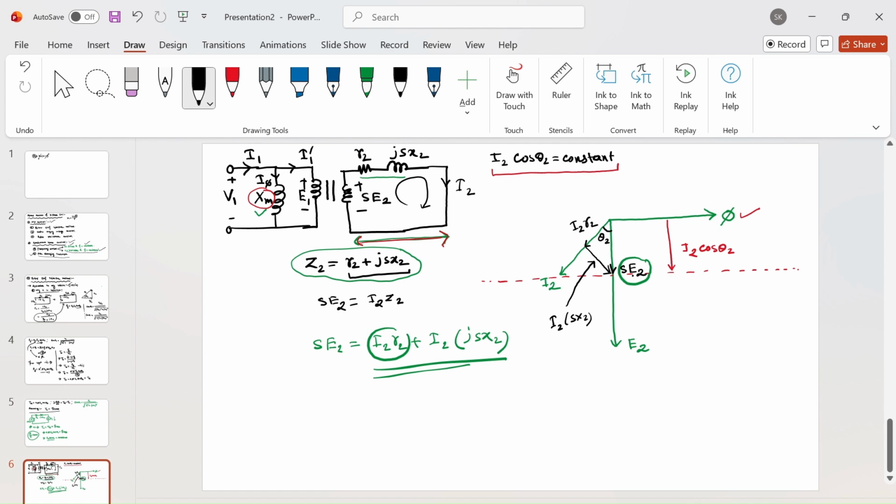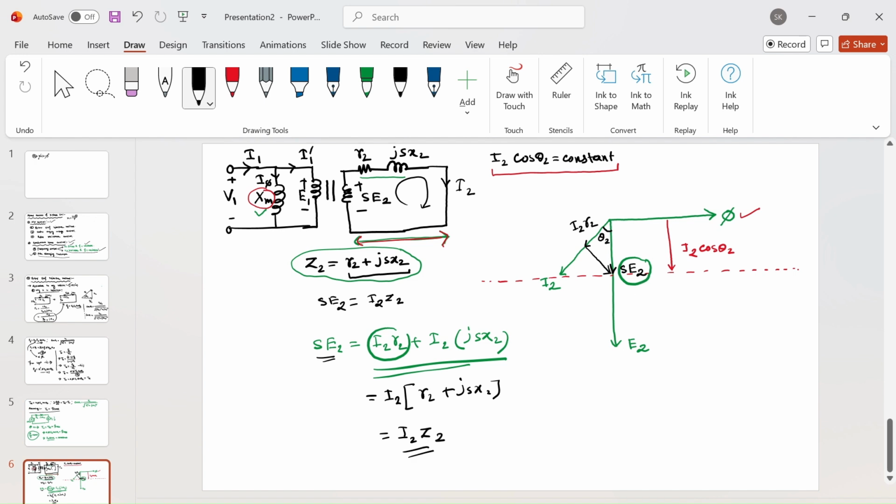If you do the phasor sum, you will get SE2. Why? If you take I2 common, R2 plus jSX2 is nothing but Z2. So SE2 is nothing but I2 Z2.